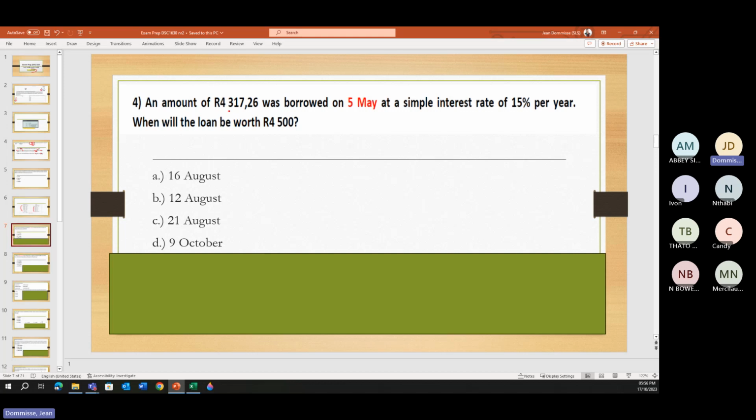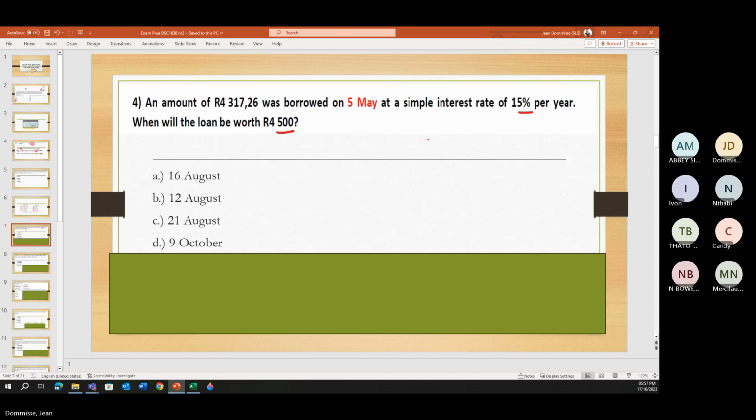An amount of 4,317 rand and 26 cents was borrowed on 5 May at a simple interest rate of 15% per year. When will the loan be worth 4,500? Okay, so it is a bit different.